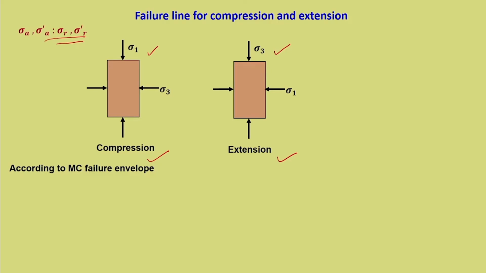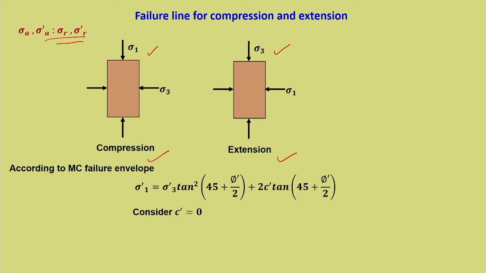According to the Mohr-Coulomb failure criterion, sigma 1 dash is equal to sigma 3 dash tan square (45 plus phi dash by 2) plus 2 c dash tan (45 plus phi dash by 2). For convenience, let us assume c dash to be 0, so that it becomes simplified.